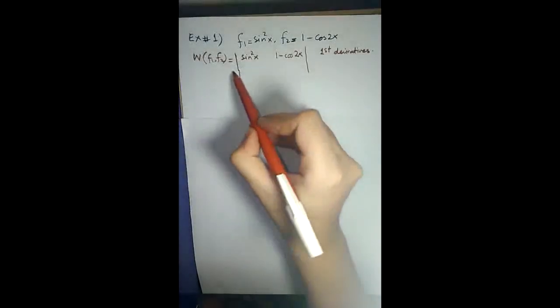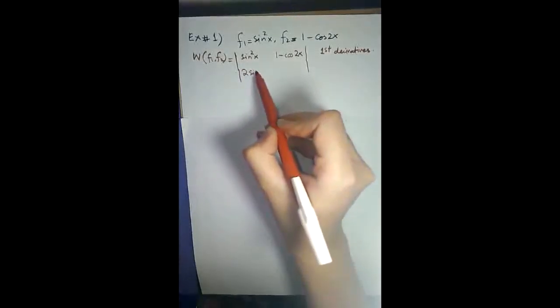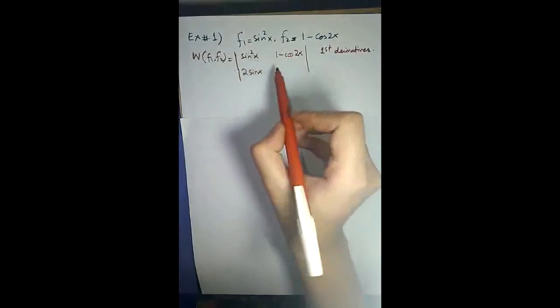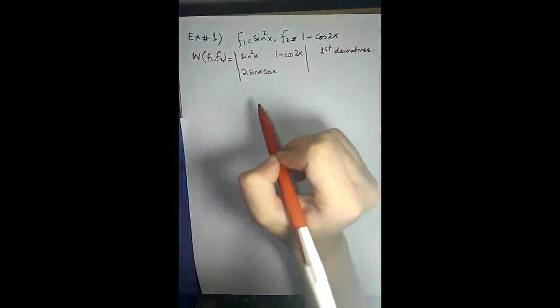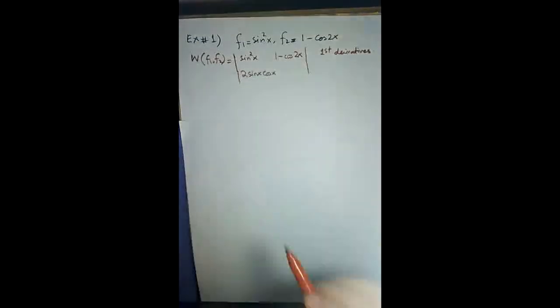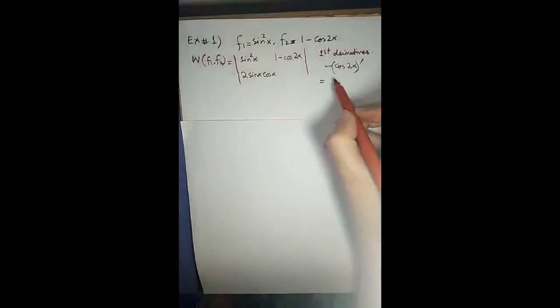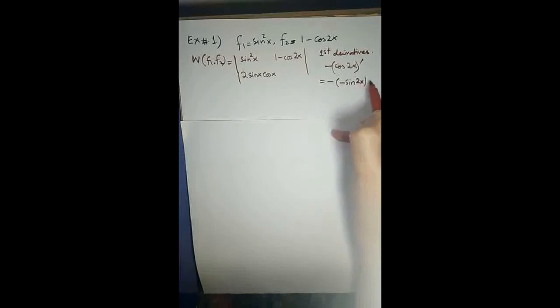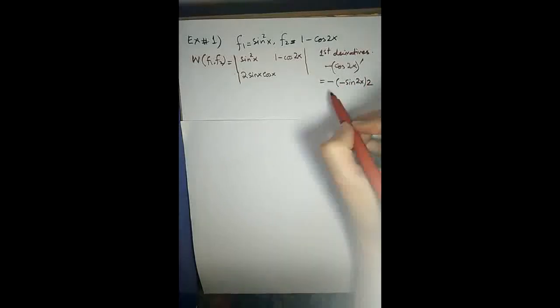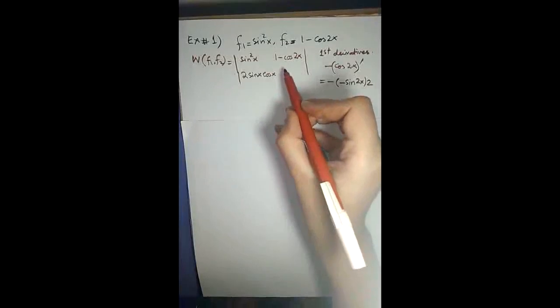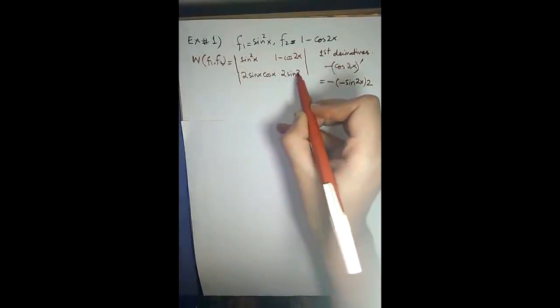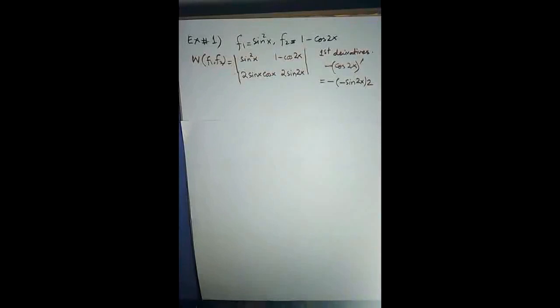Sine square has derivative 2 sine x, and its derivative is cos x. 1 minus cos 2x, 1 has derivative 0 and minus cos 2x has derivative minus, cos has derivative minus sine, so minus sine 2x and 2, so that becomes plus 2 sine 2x.